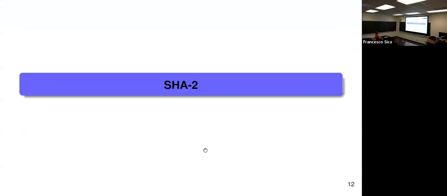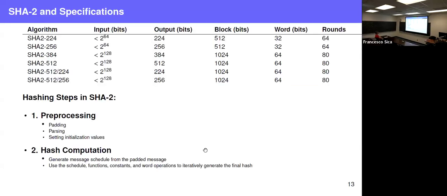Now let's take a brief look at SHA-2. The SHA-2 family includes SHA-224, SHA-256, SHA-384, and SHA-512, and the output size of the digest depends on the suffix after the dash. For example, SHA-256 creates 256 output bits using a word size of 32 bits and 64 rounds, while SHA-512 uses 80 rounds with 64-bit words.